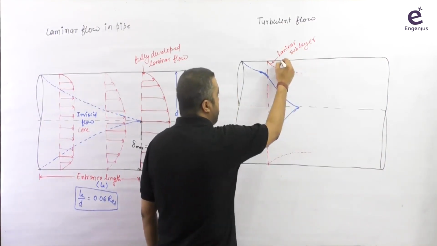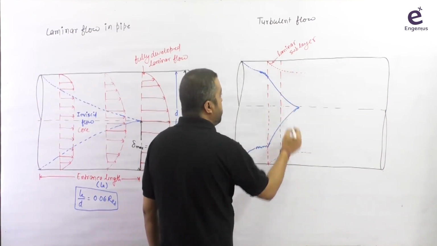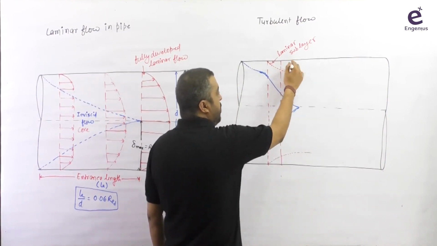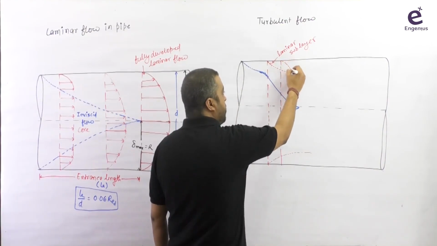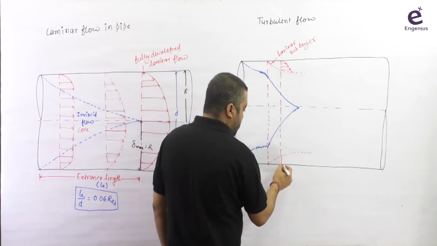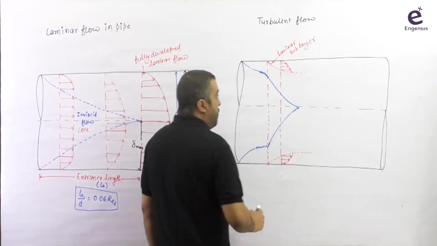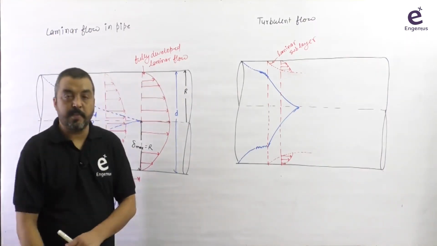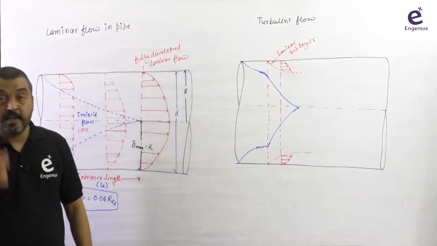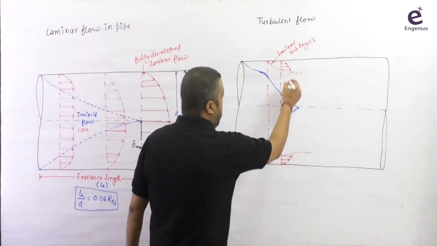So let's suppose I'm considering this as a cross section here. Obviously within the laminar sublayer, the flow character will be like this. This will be the velocity gradient here, similar here, within the laminar sublayer. But as I told you, in case of the turbulent region, the velocity profile is almost flat. So here the profile will look like this.